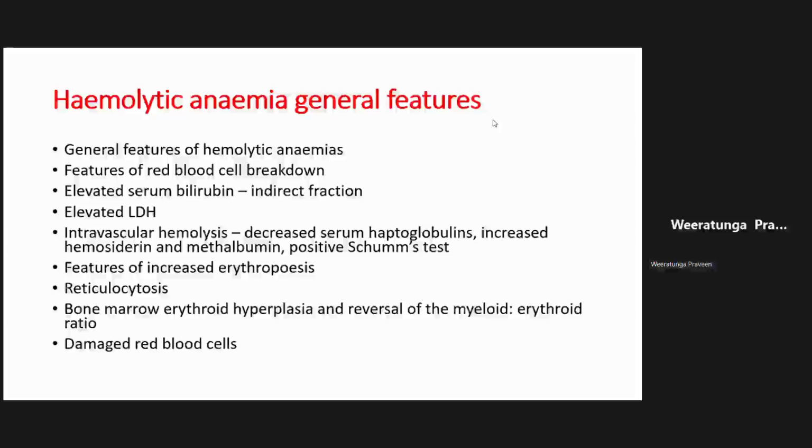So apart from indirect serum bilirubin and LDH elevation, you also see increased erythropoiesis in the bone marrow and reticulocytosis. These are common features of all types of hemolytic anemia.